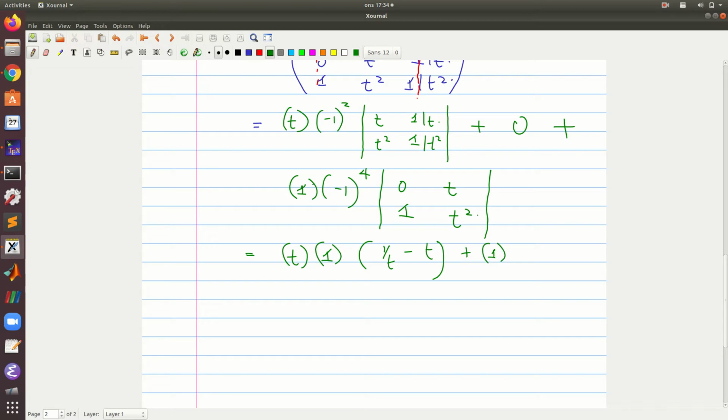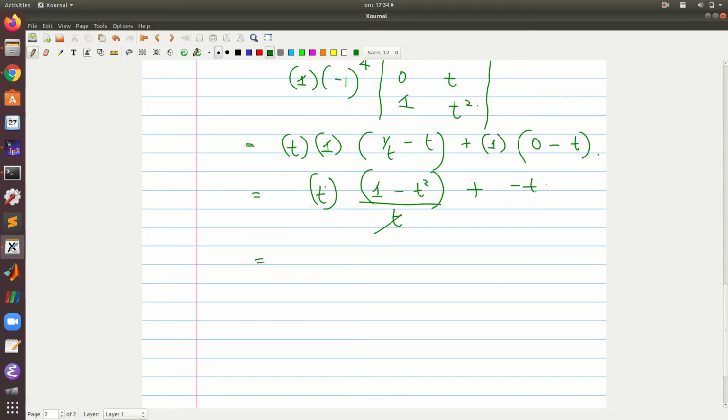Okay, this is 1, and then this is also 1, and then we have this is 0, and then minus t. Okay, so this is going to be t multiplied by, what do we have? We have t, we have 1, and then minus t squared, and then plus the whole of this gives us negative t.